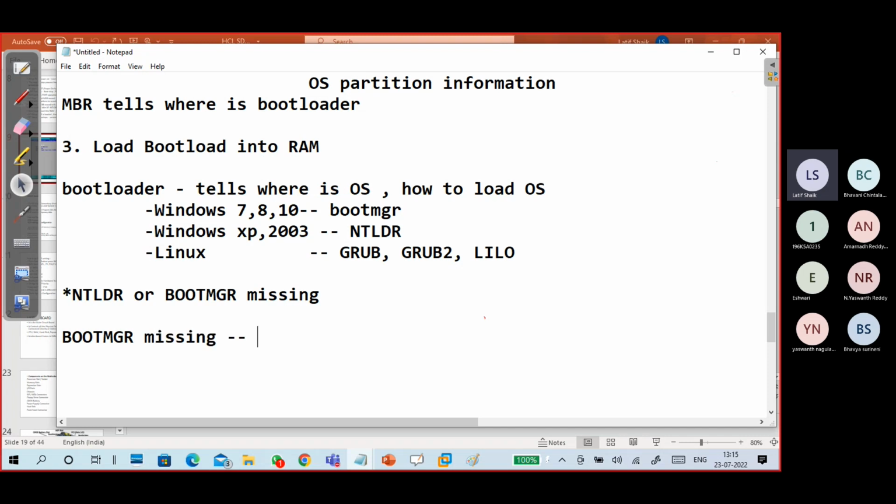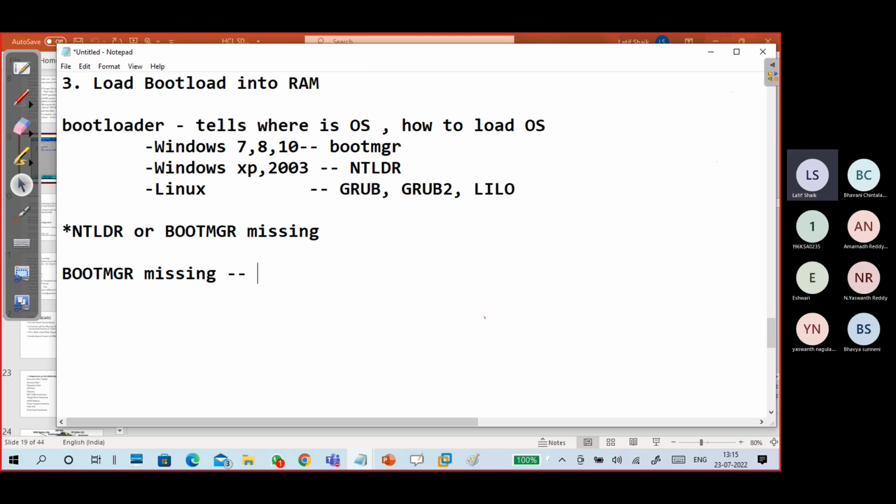I think it is becoming a very lengthy class because I'm mixing both troubleshooting as well as boot processing. Okay, boot MGR is missing. The first one is boot MGR missing.